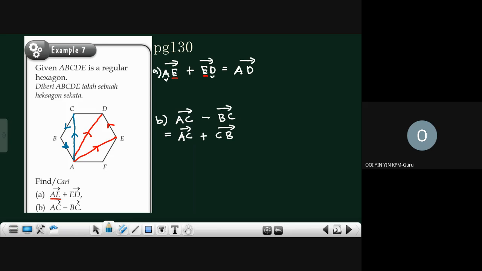Sorry, I drew it the wrong way around. The resultant is AB, starting from A: A, C, B, so A to B. Like I told you just now, your negative changes to positive, and then you interchange the places of B and C to become CB. Since both sides are C and C, your vector will be AB directly. We can write AB.